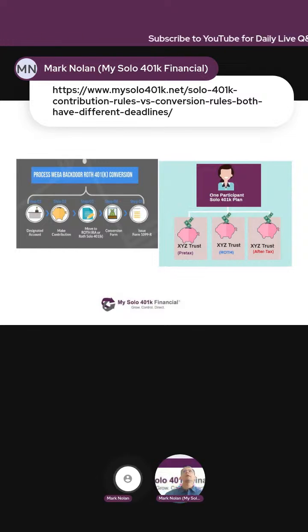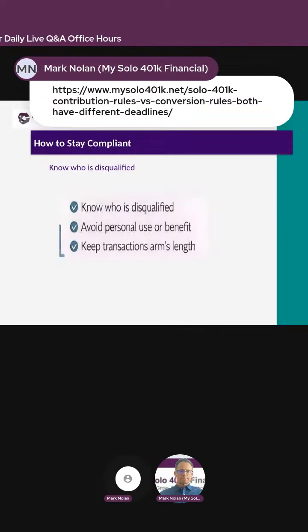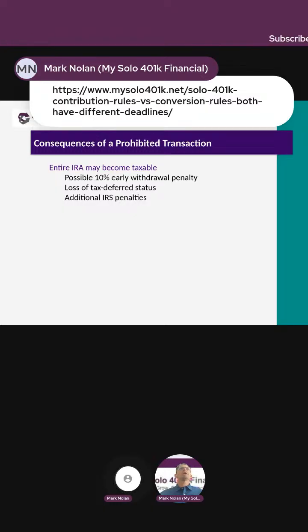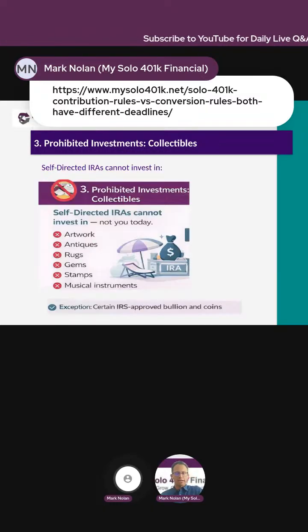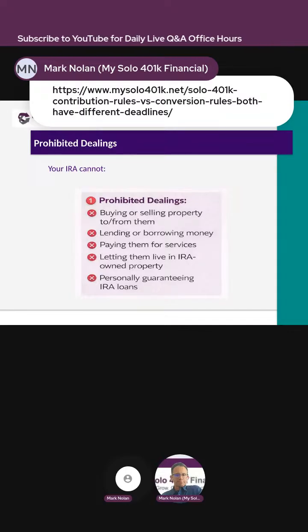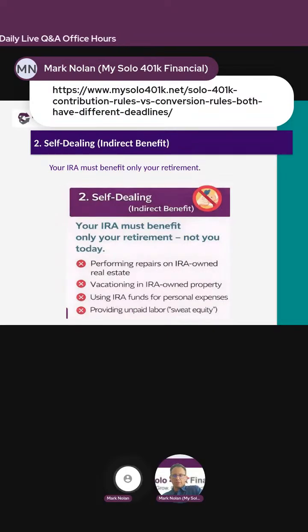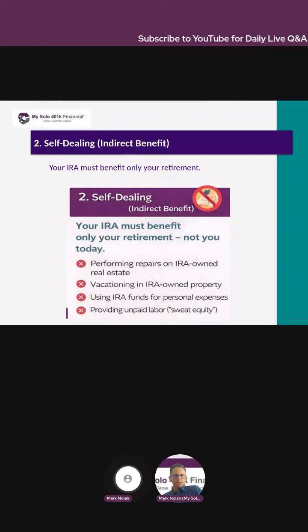Let's continue with today's topic, and then we'll come back and keep answering some more questions here. So we've been talking about what transactions are prohibited in a self-directed IRA. We talked about self-dealing already. So give me a moment here while I pull up that slide. So let's talk about self-dealing, however, an indirect benefit. That's pretty important to understand.